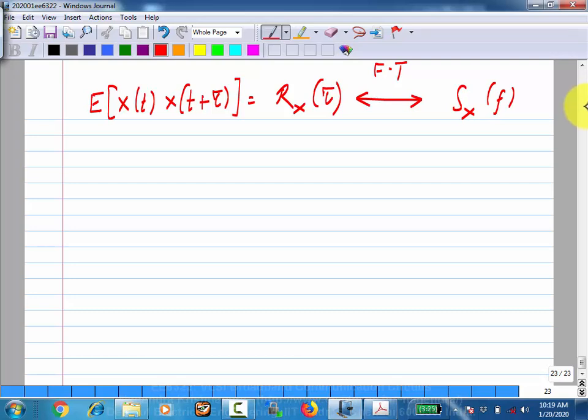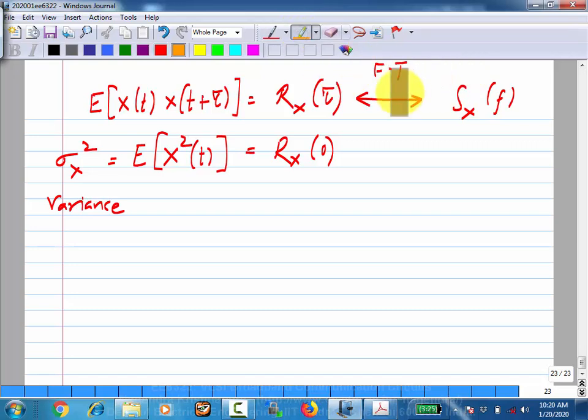Now, most often the way we end up using it is, what is Rx of 0, for 0 time shift? This is basically the expectation of x squared. And this is again, for a stationary process, not dependent on the time. It's basically the variance.